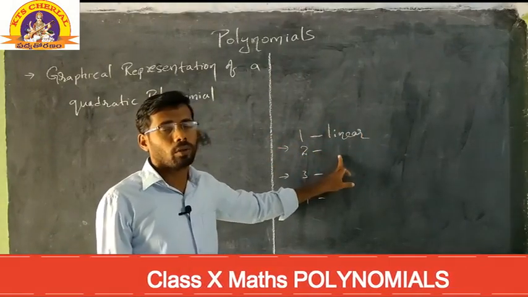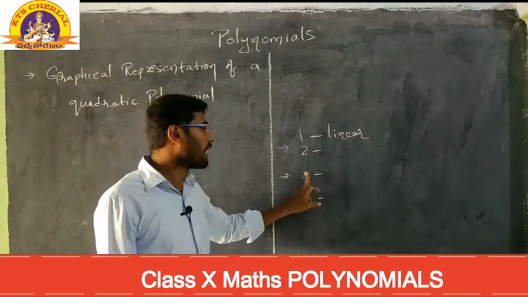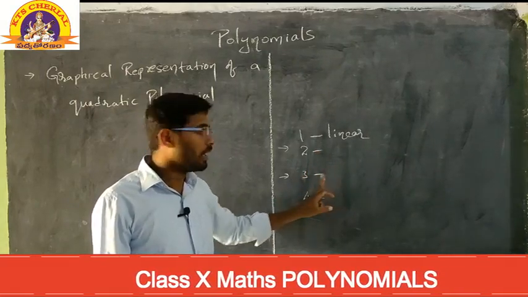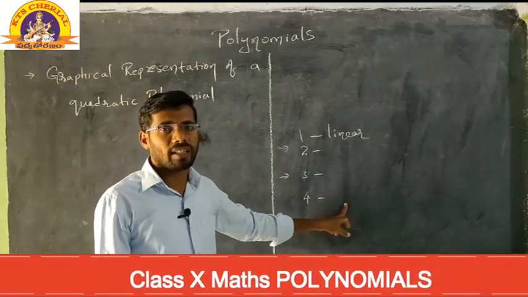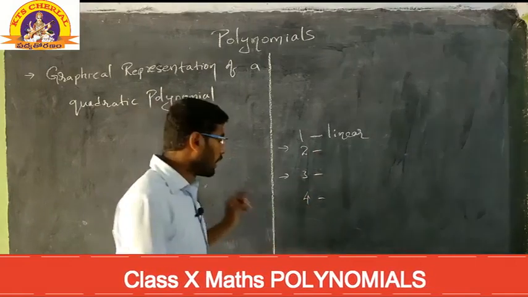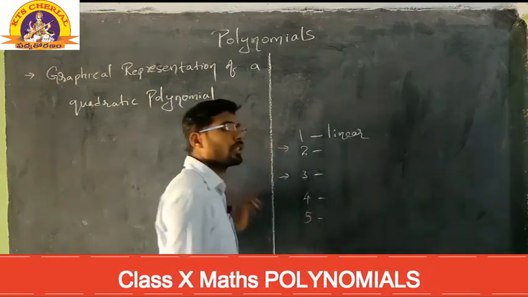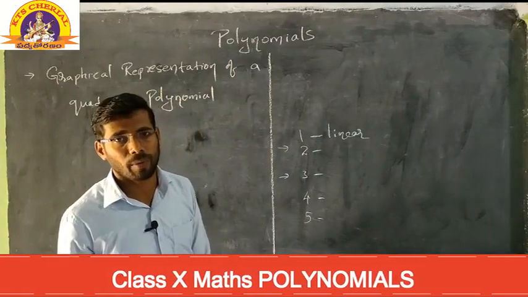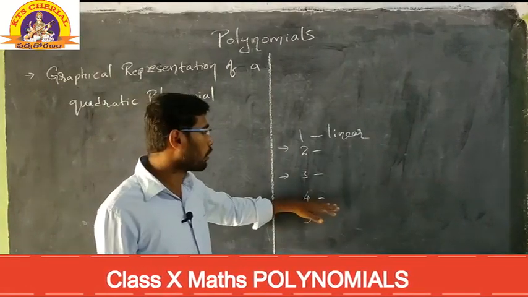If the degree is 5, you just say fifth degree. There are no particular names from fifth degree onwards, only up to 4.